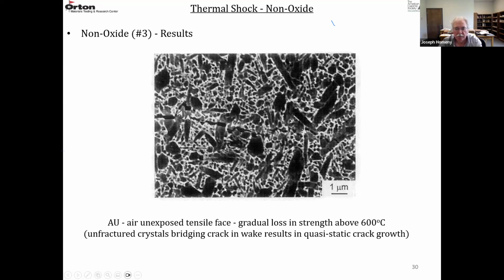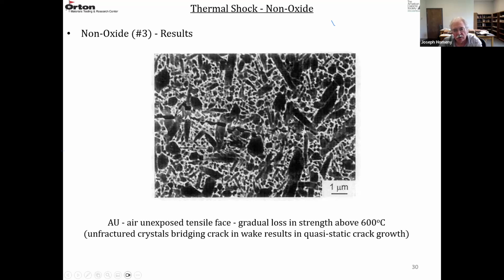And this is the microstructure of that material. There's some long silicon nitride crystals, elongated crystals. And this is the crack moving in this direction here. The arrows here may be hard to see, but you can see two elongated silicon nitride crystals bridging the crack. Here's a third one, partially bridging the crack. It looks like it eventually fractured away from the crack.